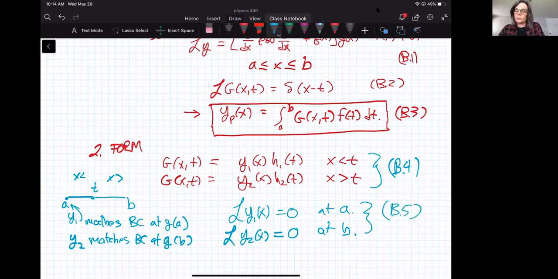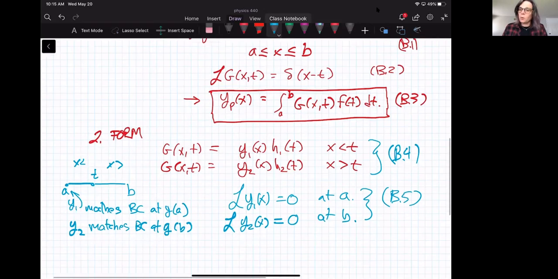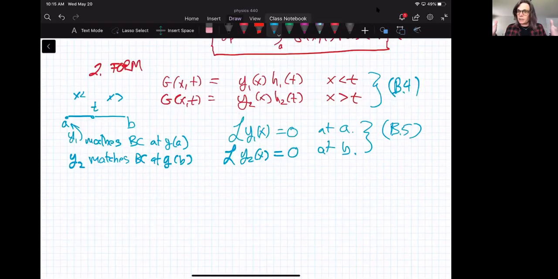Is everybody with me so far? Give a thumbs up, or a question. All right. So all we're doing is trying to divide this up. And again, this doesn't have to be equally divided. We're just marking out y1 solves the homogeneous equation at one point, y2 solves it at the other point.